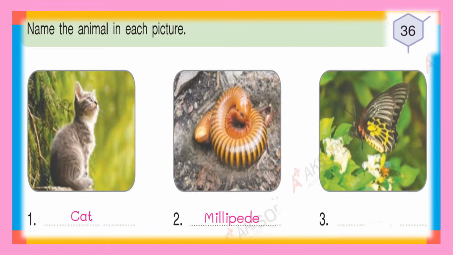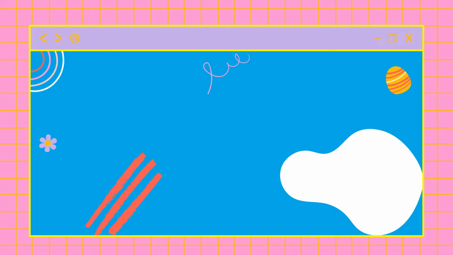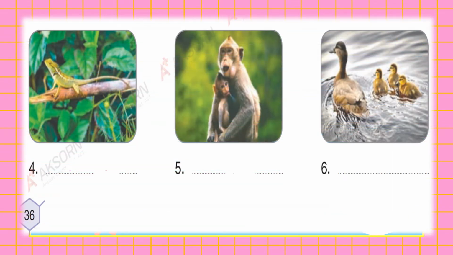Number 3. What is this? Oh, okay, very good. That is a butterfly. Next is number 4. What is it? Okay, very good.